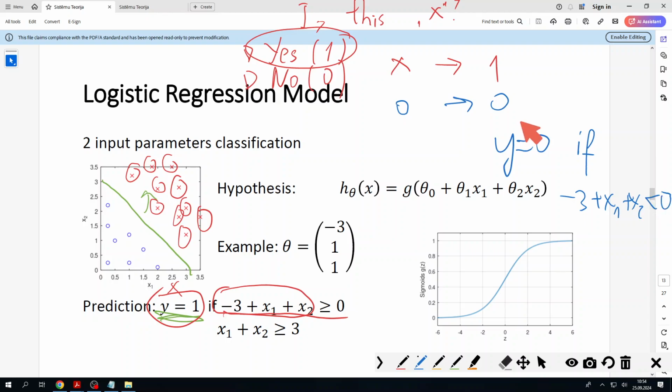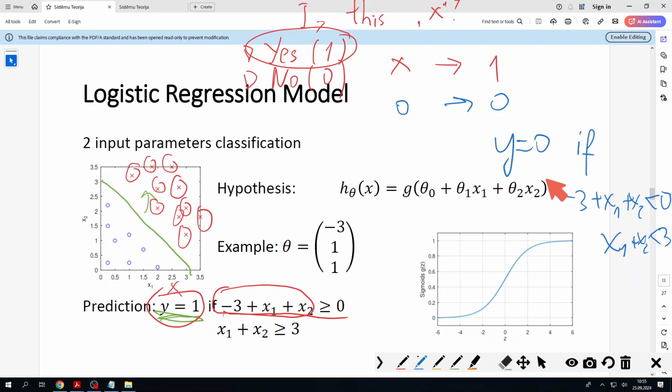So it happens if this inequality is less than 0, not at least equal. So likewise, if x1 plus x2 is less than 3, then y is going to be 0. And there is nothing in between. It is either 0 or 1.